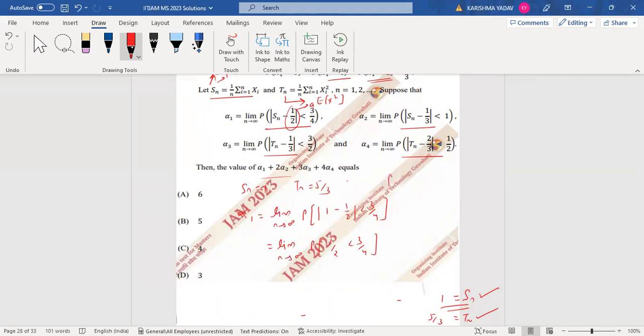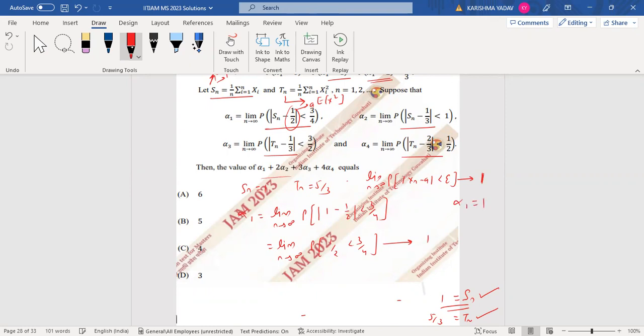By the property of convergence, if |Xn − a| is less than e is satisfied, then the probability will converge to 1. Here |Sn − a| is 1/2 and e is 3/4, so it is satisfied and this will converge to 1. So by applying convergence in probability, I got alpha 1 equal to 1.